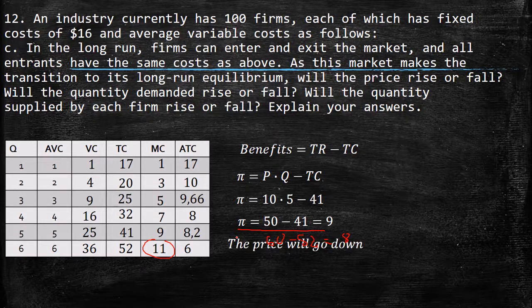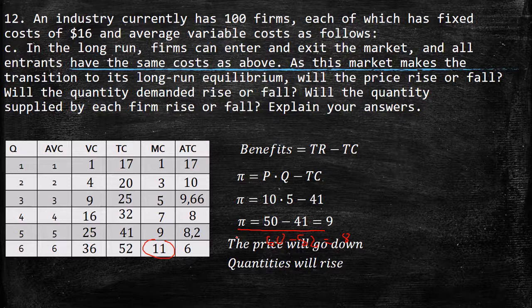So the idea is that the price will go down. Why? Because there is a positive benefit, so more companies will enter into the market until the benefits go to 0.